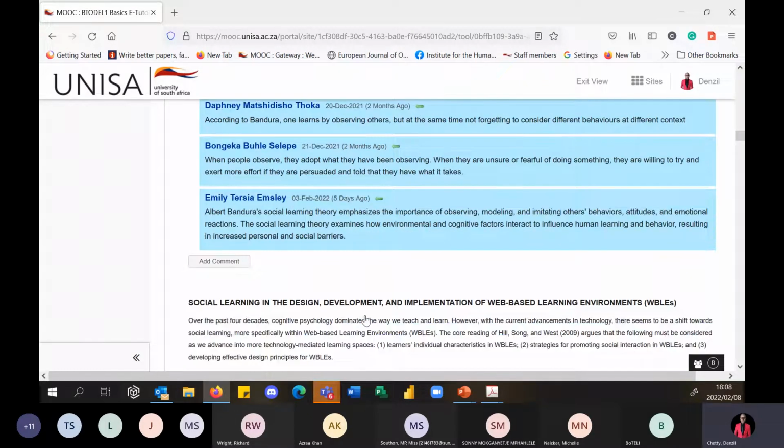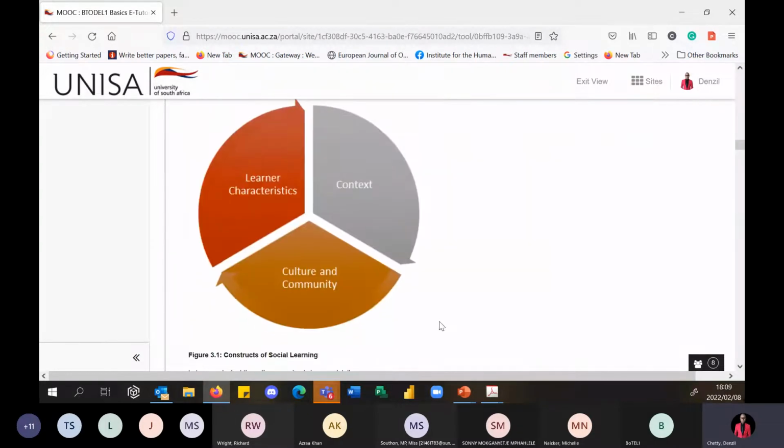Now, when we talk of social learning, there are three important characteristics, or what we call constructs, of social learning. The first one is learner characteristics, which is about the learner him or herself. Secondly, the context in which learning takes place. And the third element is culture and community.